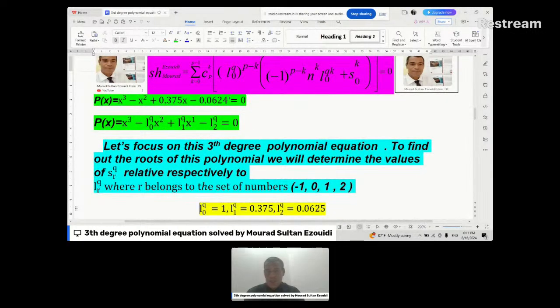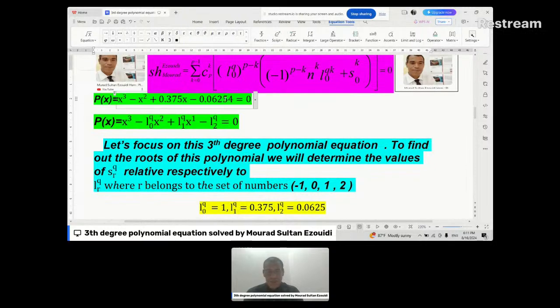Okay, now, learners, let's focus on the third degree polynomial equation above. To find its roots, we should determine the values of S r of ODQ relative to L r of ODQ. This means you are going to find exactly a new third degree polynomial equation by finding S minus 1, S0 and S2.